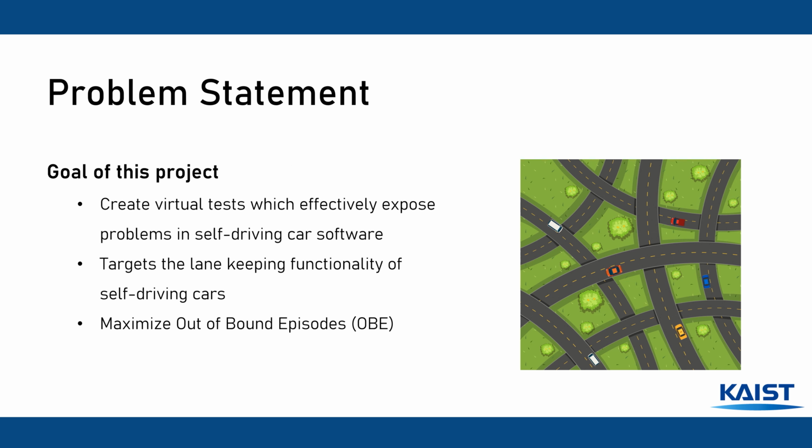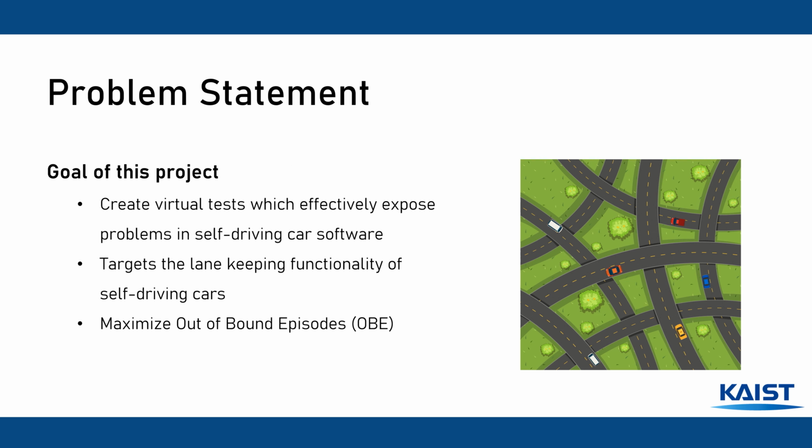The target is to generate the road map that efficiently tests the lane keeping functionality of an autonomous vehicle. In conclusion, the goal is to create a test case that is most likely to cause failure in lane keeping, which is a map containing as many OBEs as possible.